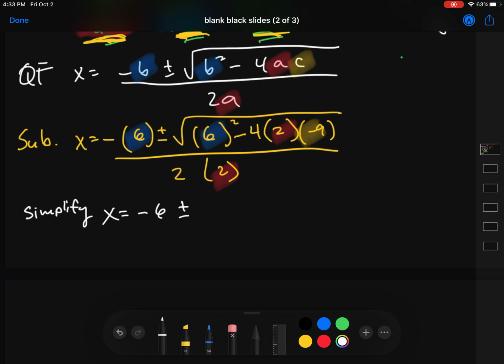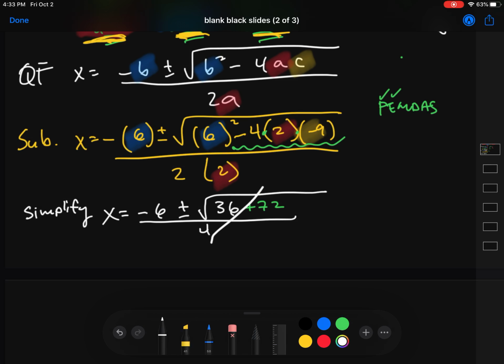It's not 6 times 2, it's 6 squared. So 6 times 6 gives me 36. This one I like to do in chunks because of the order of operations. You're essentially doing PEMDAS. So we did the exponents, and now you're doing multiplication and division. Negative 4 times 2 is negative 8, and negative 8 times negative 9 is a positive 72, all over 2 times 2, which is 4.